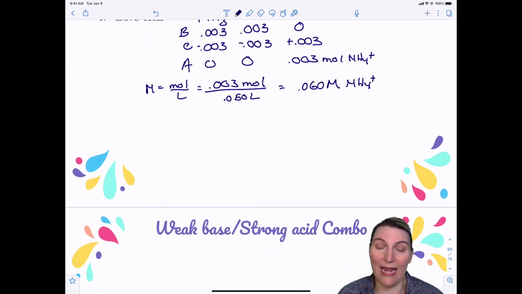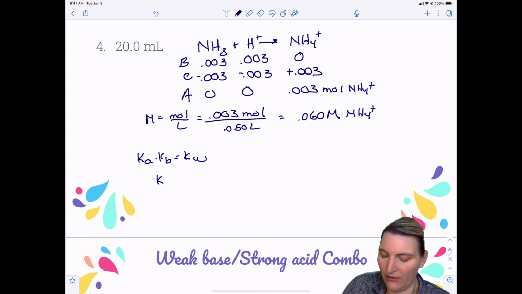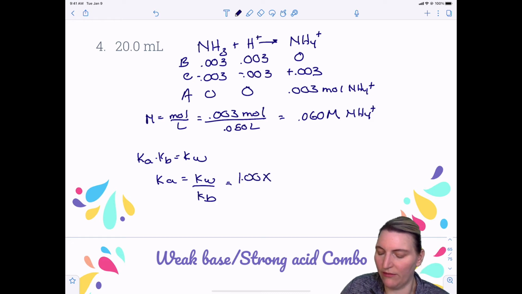What is the Ka of NH4 plus? Well, I know Ka times Kb equals Kw, right? So Ka will equal the Kw divided by Kb. Kw is 1.00 times 10 to the negative 14. Kb is that 1.8 times 10 to the negative 5.